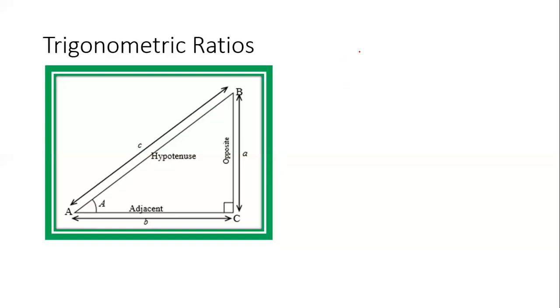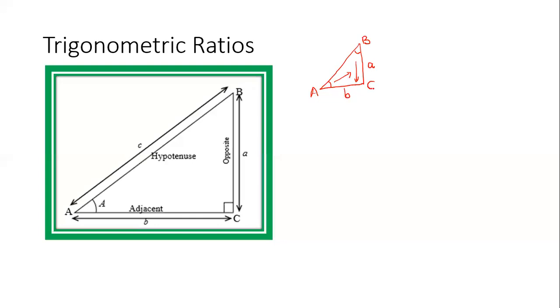Now, when I have any triangle, let me say this is my triangle. How I label my sides matters a lot. When I put A here, it means that the angle I have here is A. This side, where my angle is going to face, I will call small a. In case I put B here, that means this angle is the angle B, so where it looks down is what I will call b.